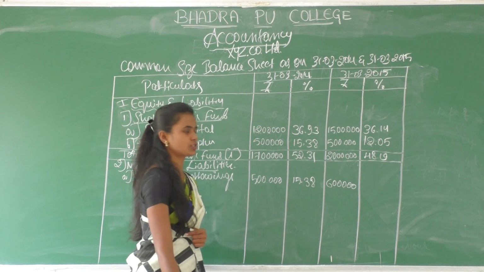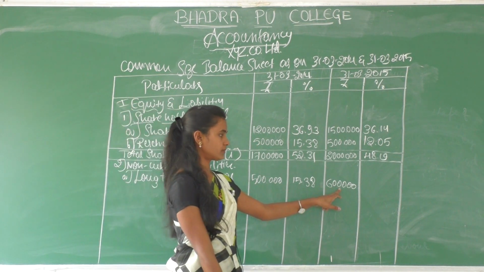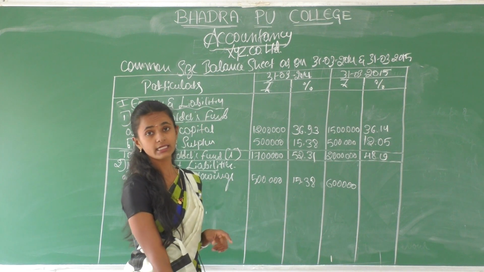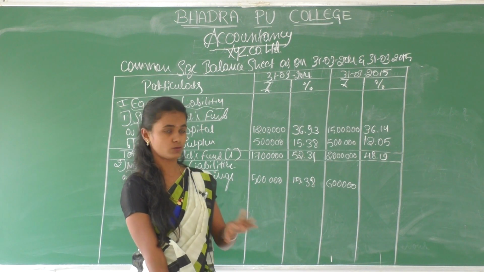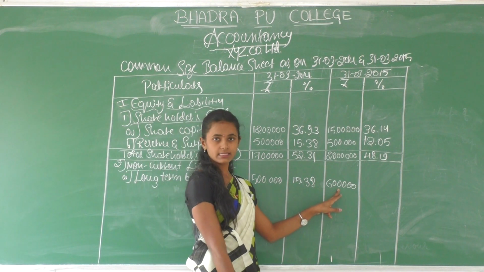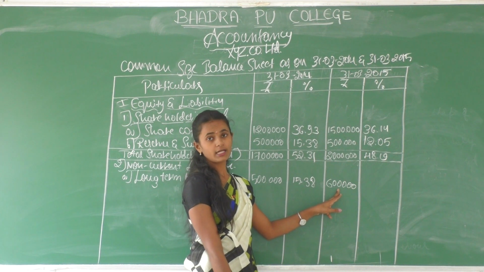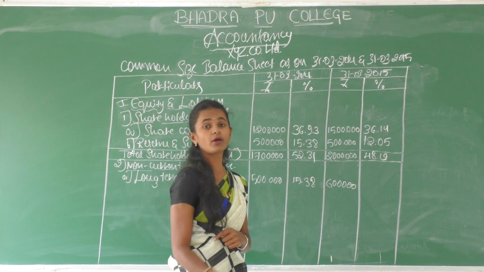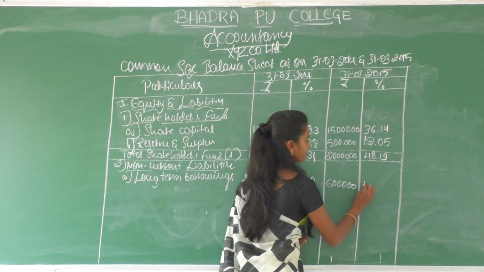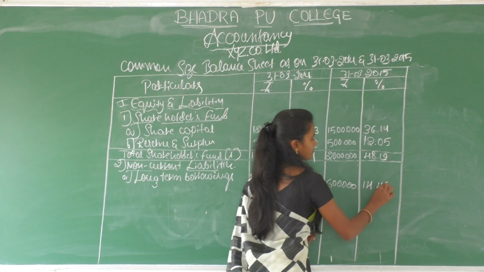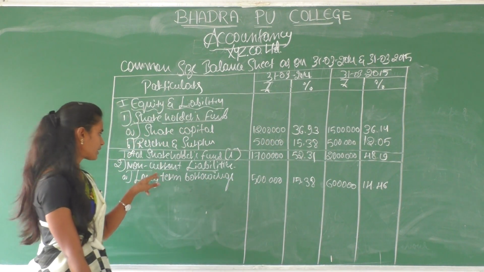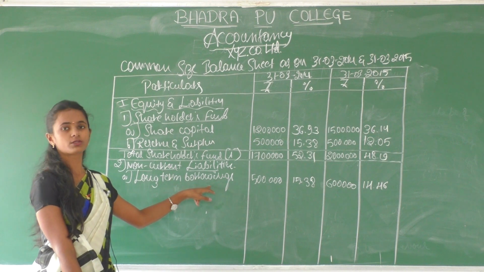And here it's 6 lakh divided by our common value in 2015, 41 lakh 50,000, into 100, then you will get 14.46 percentage. So we have only one item under non-current liabilities, it's long term borrowings.